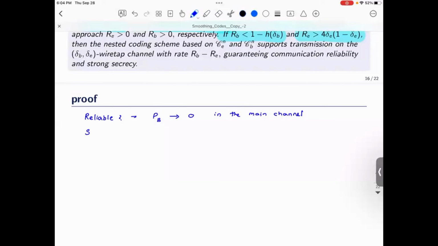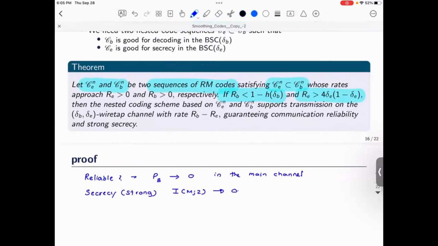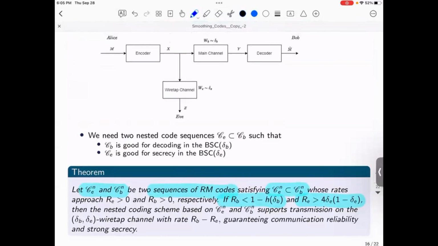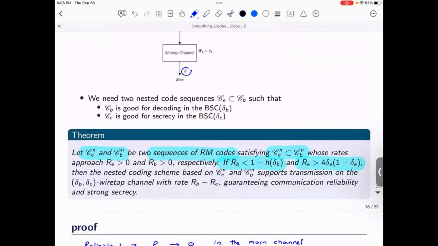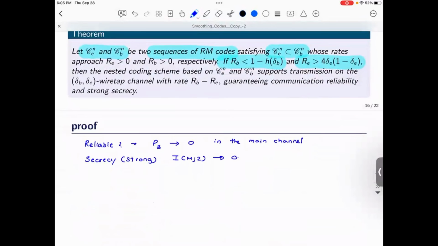And secrecy, we call this strong secrecy because there's another variation. This should go to 0. M is the message and C is what Eve receives. So ultimately what this tells us is that the message and the received vector should be almost independent. In the limit n goes to infinity, it should be independent.